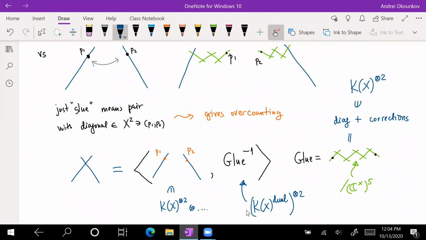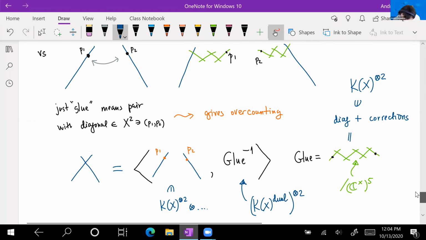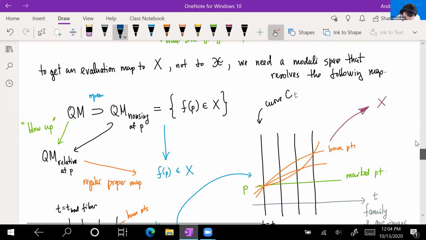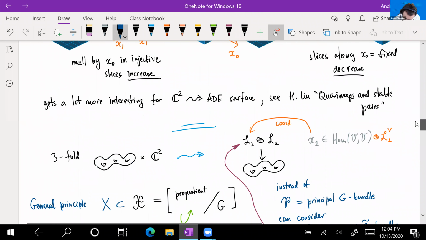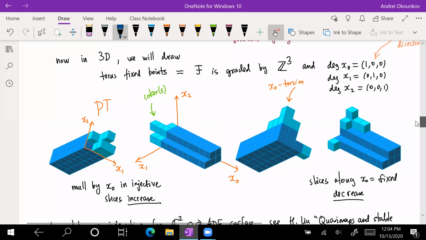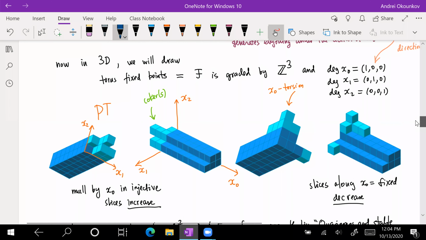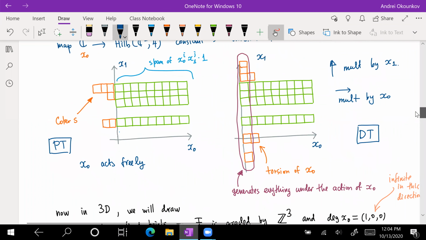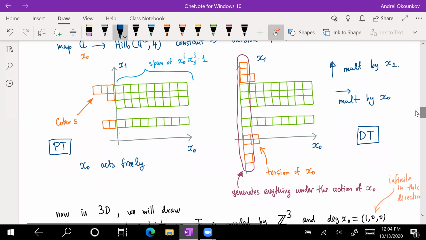Could you please go to examples of DT/PT diagrams? Sure. Three-dimensional, two-dimensional. Let us start from two-dimensional. Actually, you have this example, like before you wrote that you consider (x minus a) cubed, (x minus b), right?